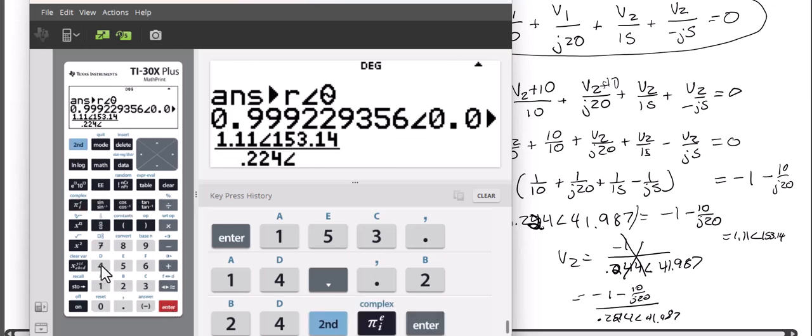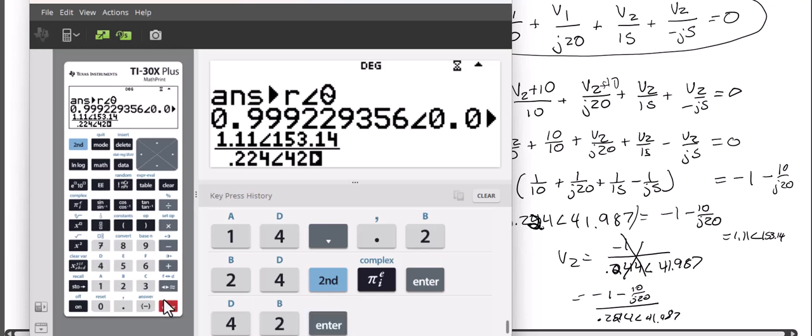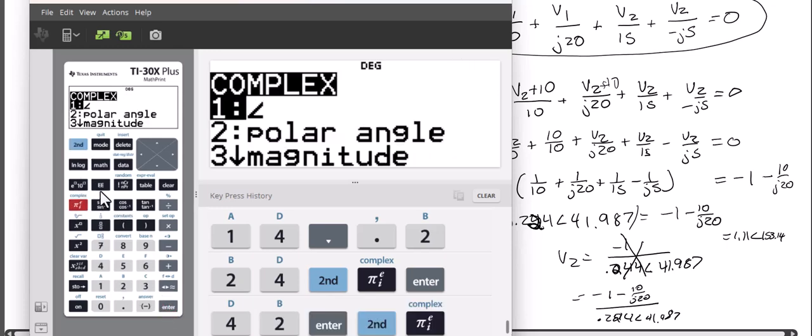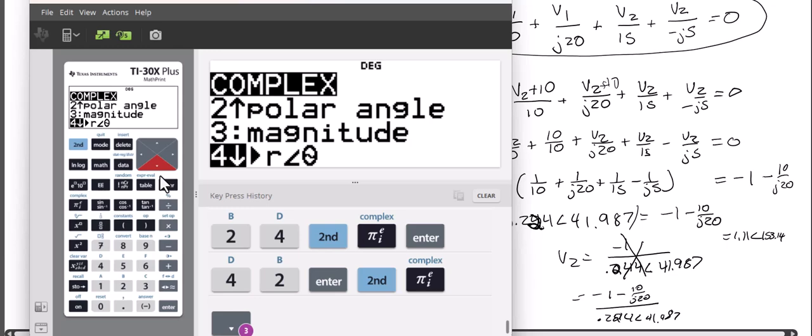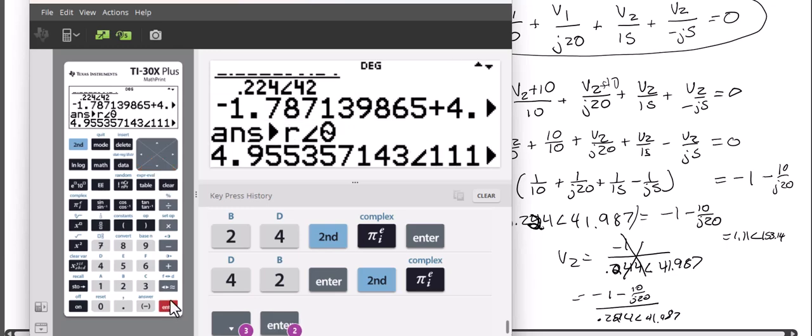Oh, good. That is the right answer. Okay. So V2 is 4.95 angle 111.